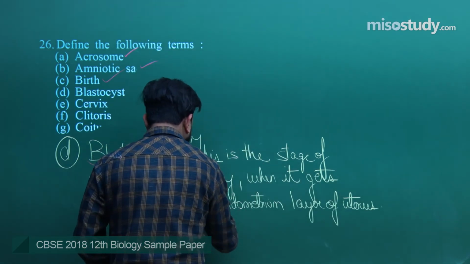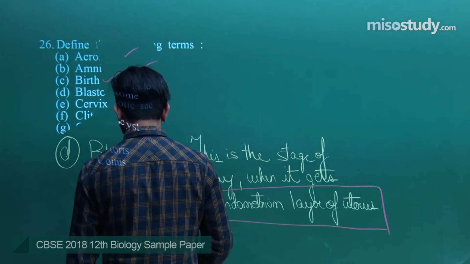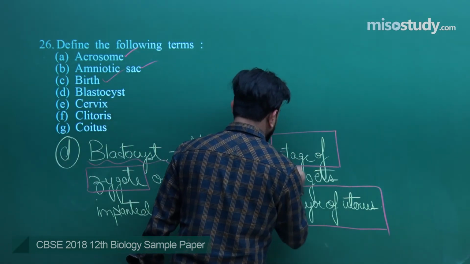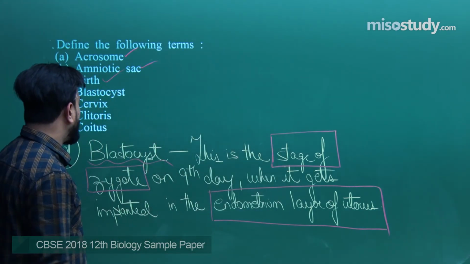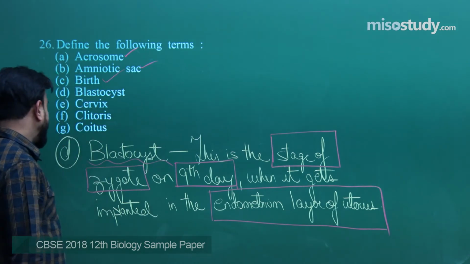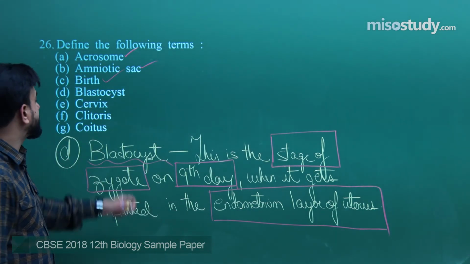Okay, so this is the stage of zygote on the 9th day, when it gets implanted in the endometrium layer of the uterus.